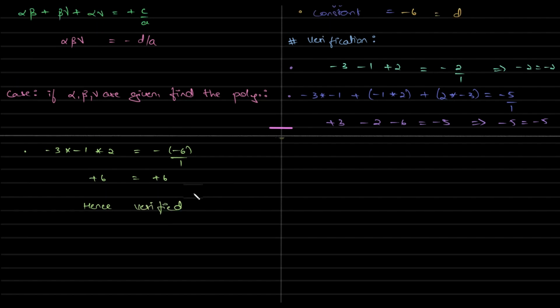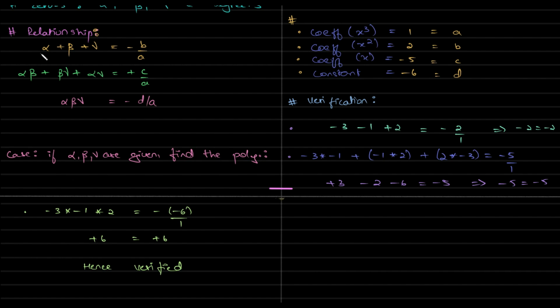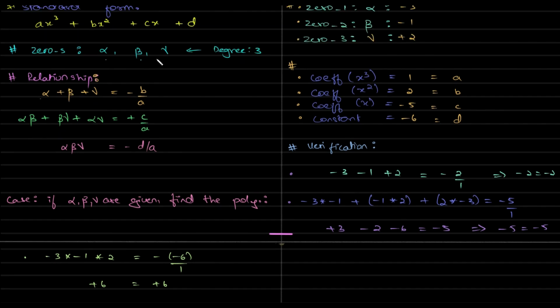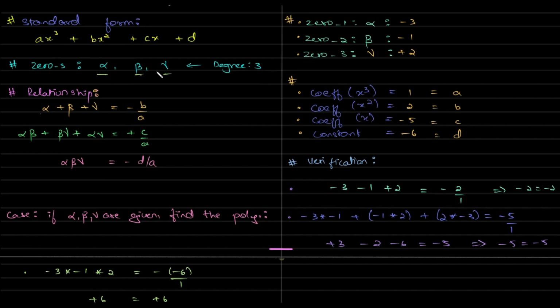Okay, so here we have 3 zeros, and they have been called alpha, beta and gamma. Remember, these are Greek letters, just like the letters A, B, C, D. Instead of A, B, C, D, it's just alpha, beta, gamma. It's another letter, and you need not think too much about it. It's just a symbol.